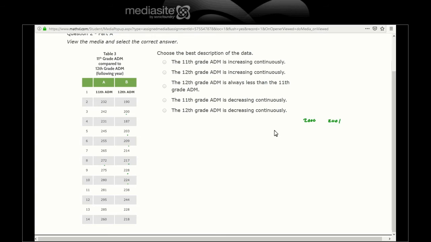Yes, less. Okay, yep. Definitely 12. 11th is decreasing continuously. Definitely not decreasing. It could be the first one too, except they use the word continuously, which means it never goes down. So to be increasing, that should not have happened.